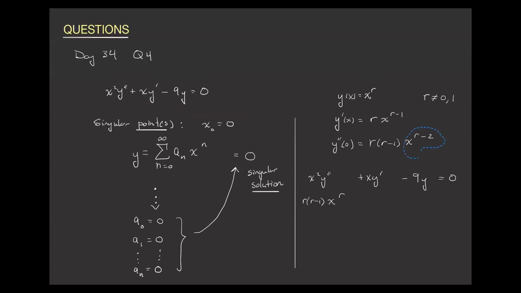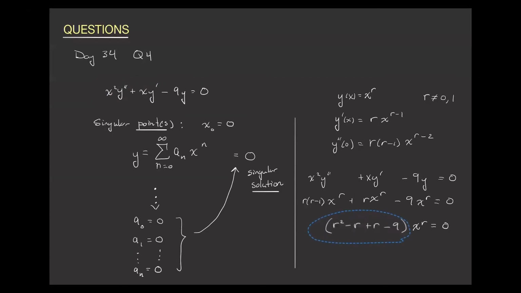Because we have x to the r minus 2 and then times x squared. So we have x to the r minus 2 plus 2. Then we have plus x times r, actually we get just r x to the r. And then minus 9 x to the r is equal to 0. Of course, we can then factor out the x to the r, leaving us with r squared minus r plus r minus 9.